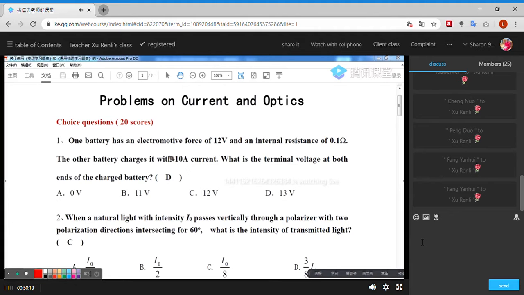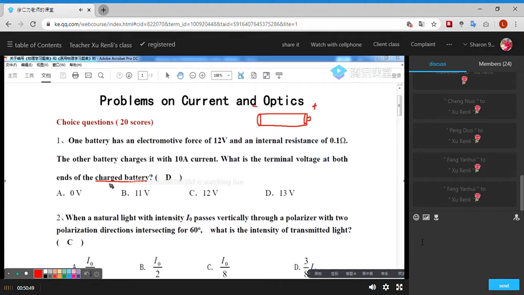What is the meaning of this question? This question tells us about a charged battery. Here is the charged battery, with the positive pole and the negative pole.